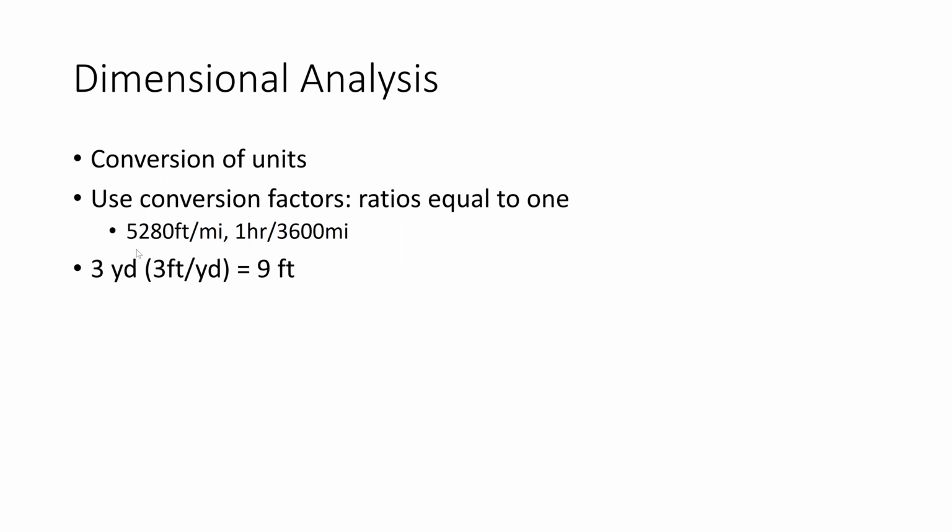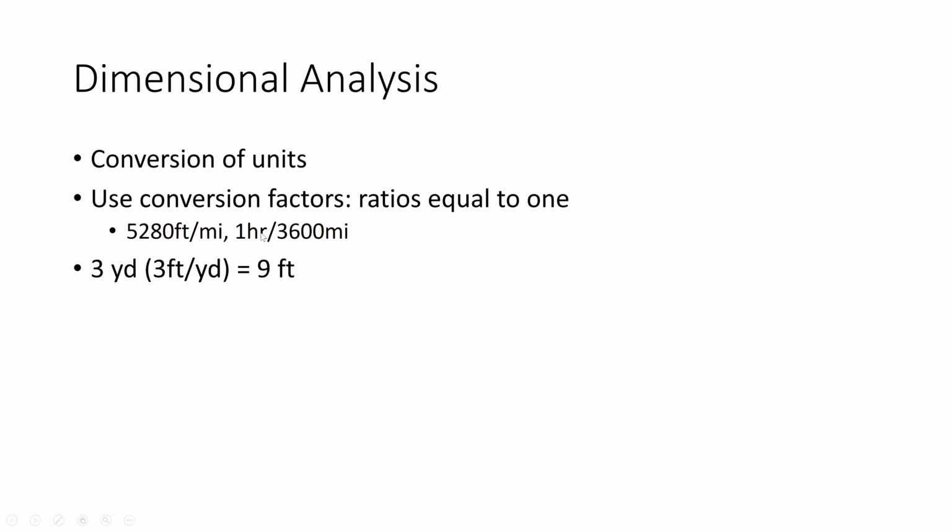For example, there are 5,280 feet in a mile, so there are 5,280 feet per mile, and this ratio is equal to 1. And there are, that should say seconds, I'm not sure why it says minutes, 3,600 seconds in an hour. So we can say there's 1 hour per 3,600 seconds.